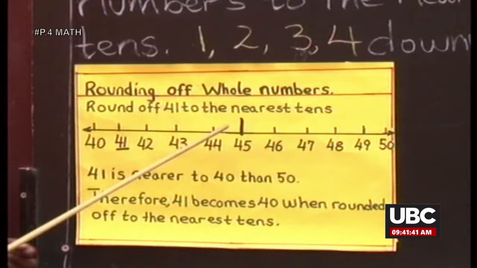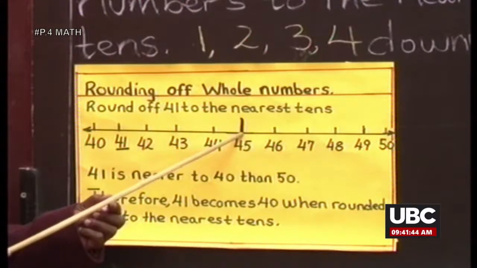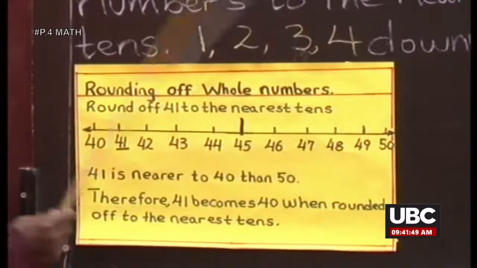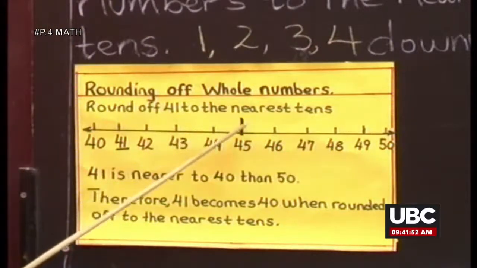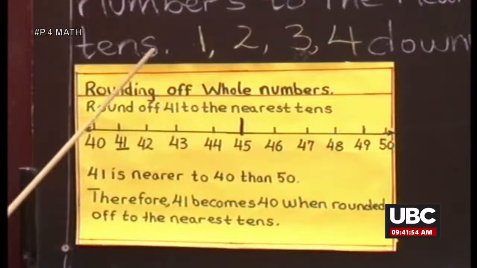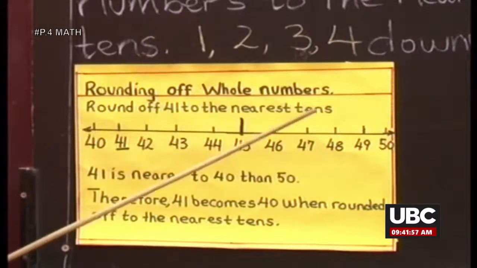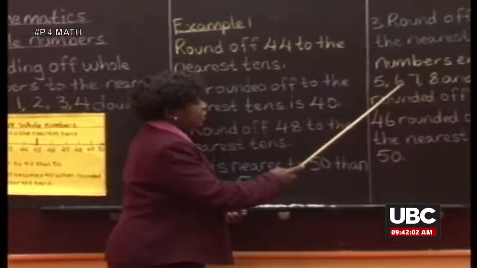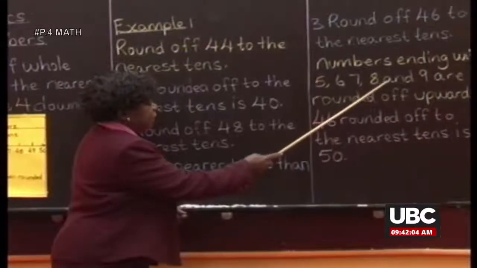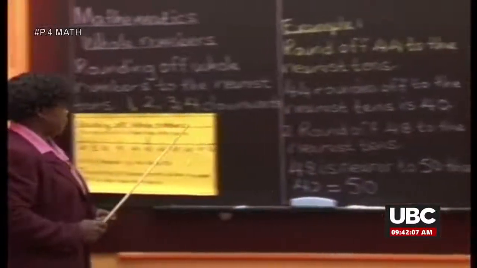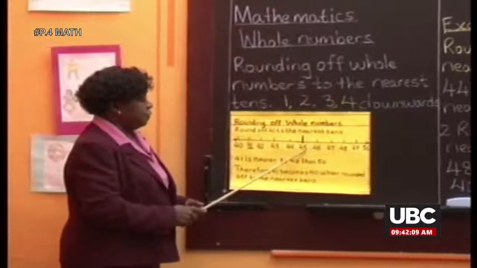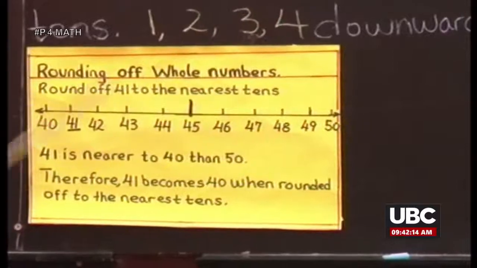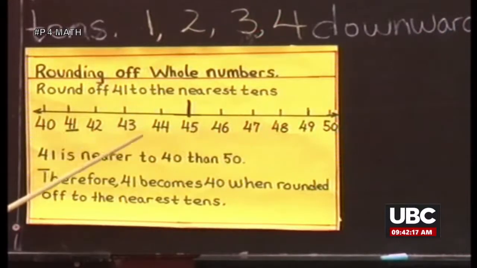And we said a number that appears in the middle of the number line, as you round off upwards. The rule says you round off upwards. Numbers ending with 5, 6, 7, 8, and 9, all these ones, you round them off upwards.